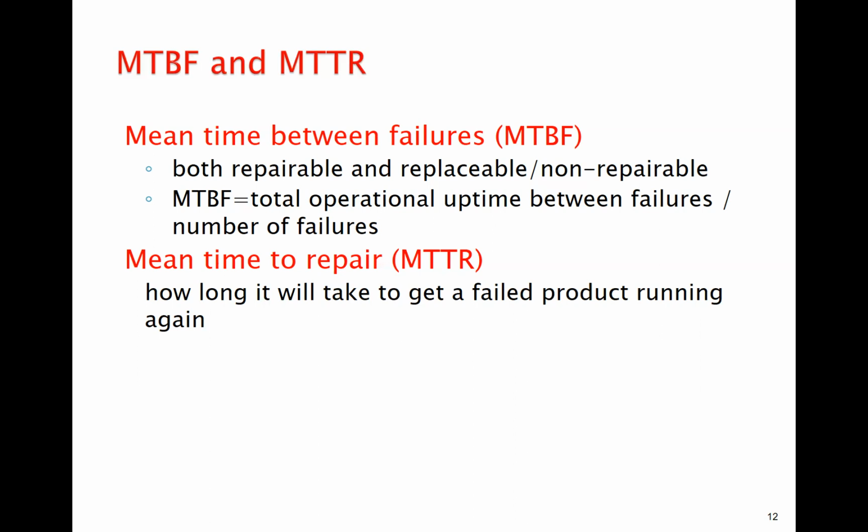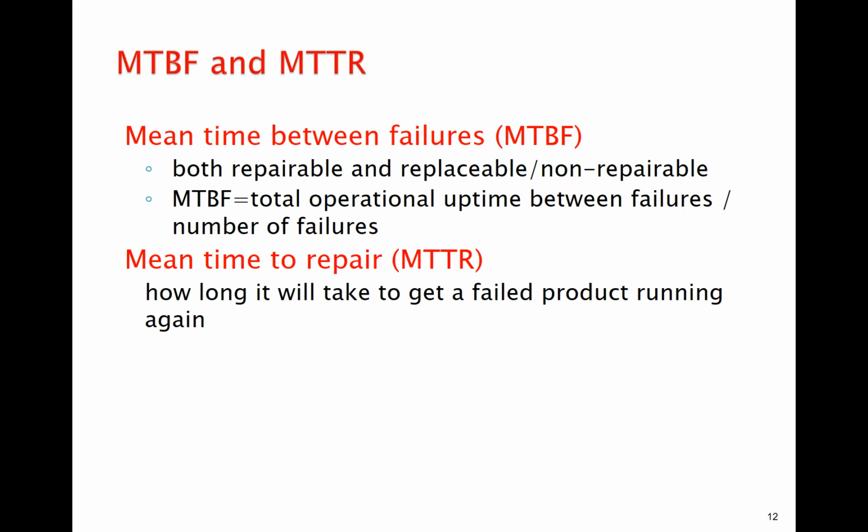Simply, total operational uptime between failures divided by number of failures. It's a very important parameter in many of the components, devices, or modules. You can see this parameter in the data sheet.